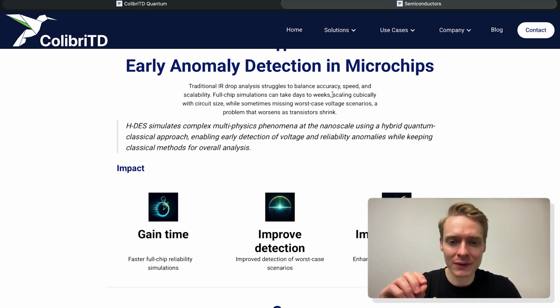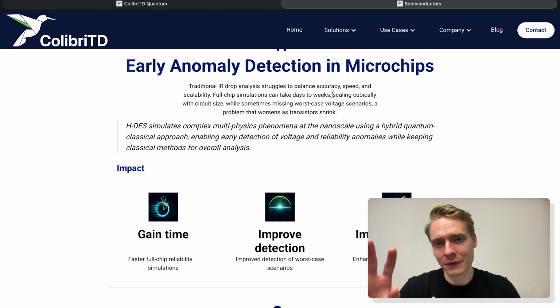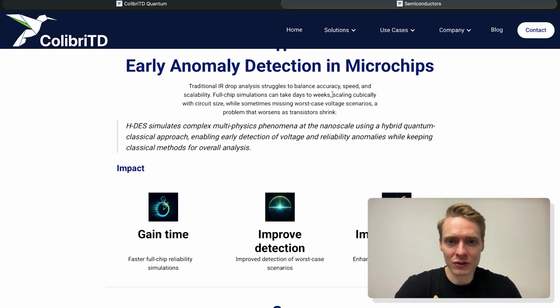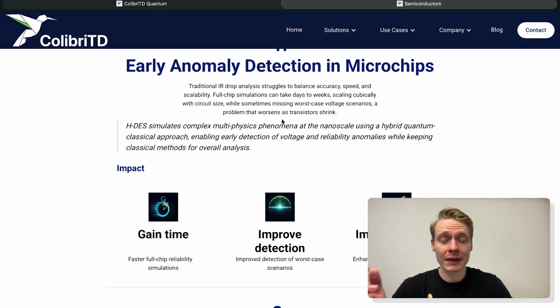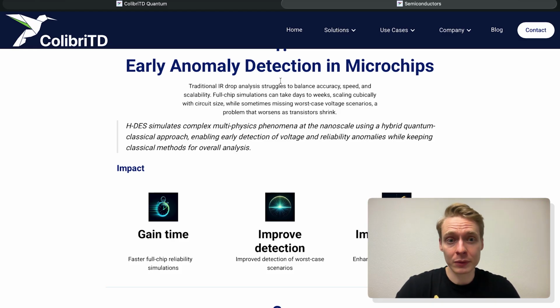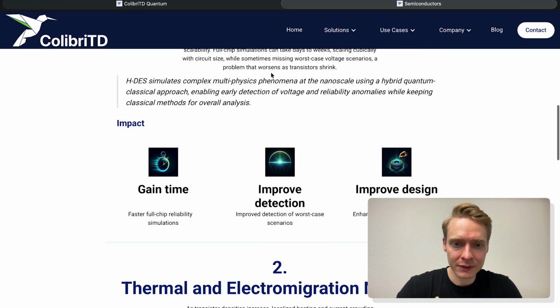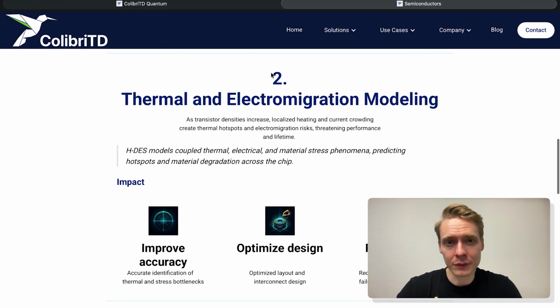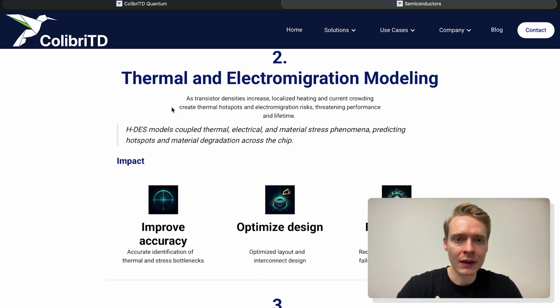And the statement here is, because of that, people skip certain steps because it will just take too long. And then that can lead to some issues, to anomalies. And the idea is that we are using these methods to actually detect these anomalies later on with quantum computers at scale.